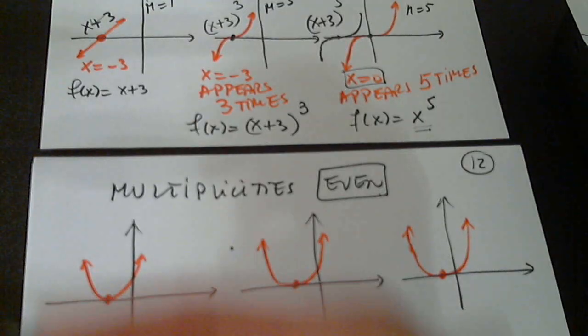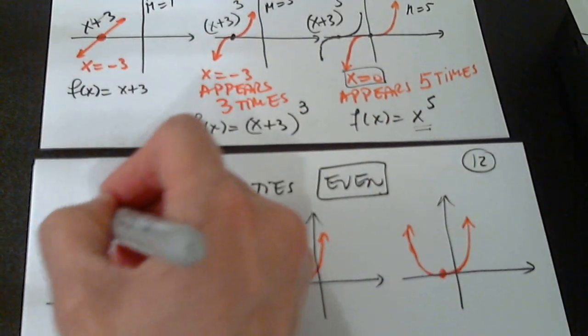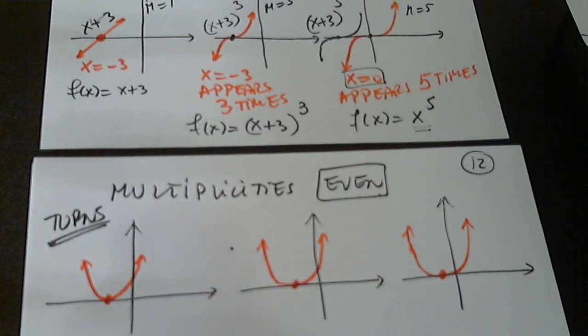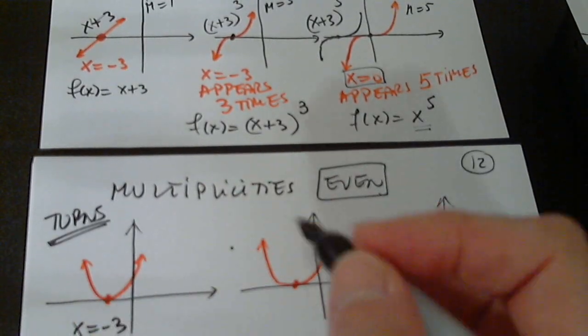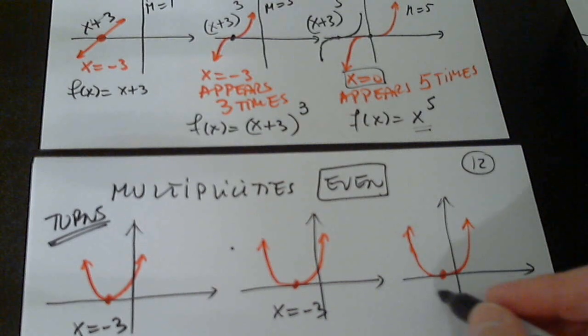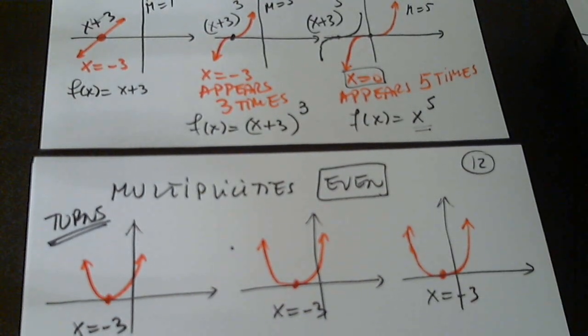With even, the function turns at x equals -3.